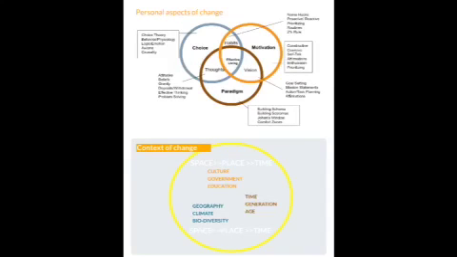So there are three aspects of personal change that we will be talking about as part of our curriculum. The three dimensions or the three aspects of change that we'll be talking about are choice, motivation, and paradigm. So when we talk about choice, we talk about the decisions that people make.